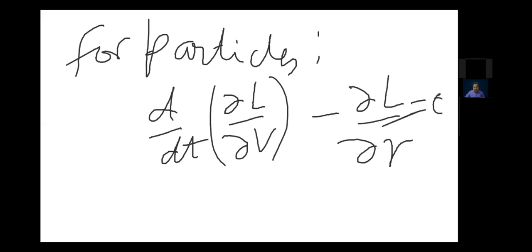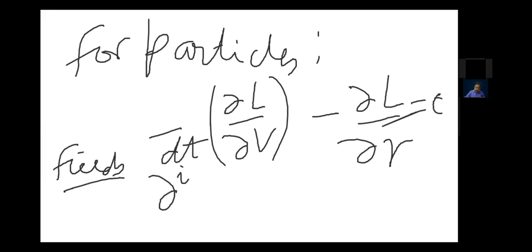But now we have to write it down for fields, so we have to make changes. The very important change is that we cannot write d by dt, because now we have to take the relativistic analog of this. So for fields, we write del of del i, which means you have to include the derivatives with respect to time as well as with respect to space.